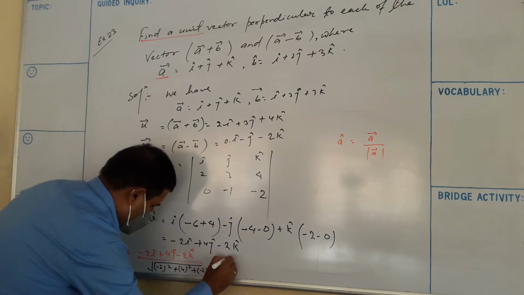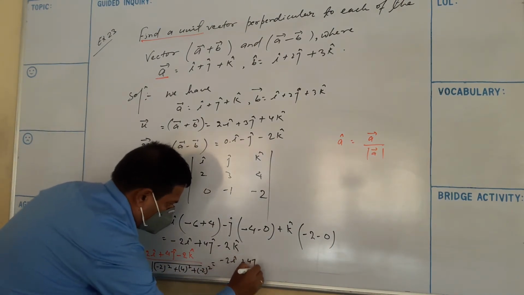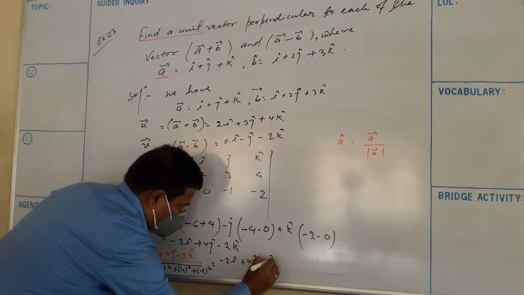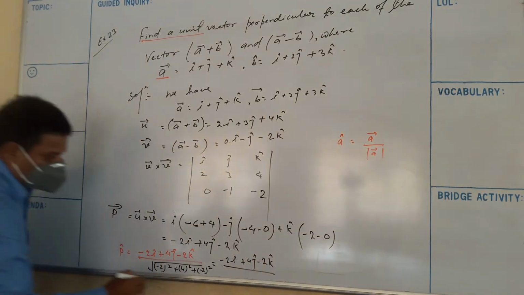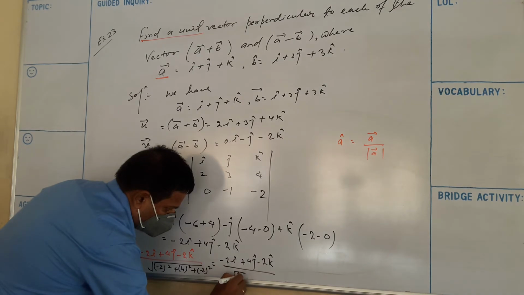So minus 2i plus 4j minus 2k divided by root 24.